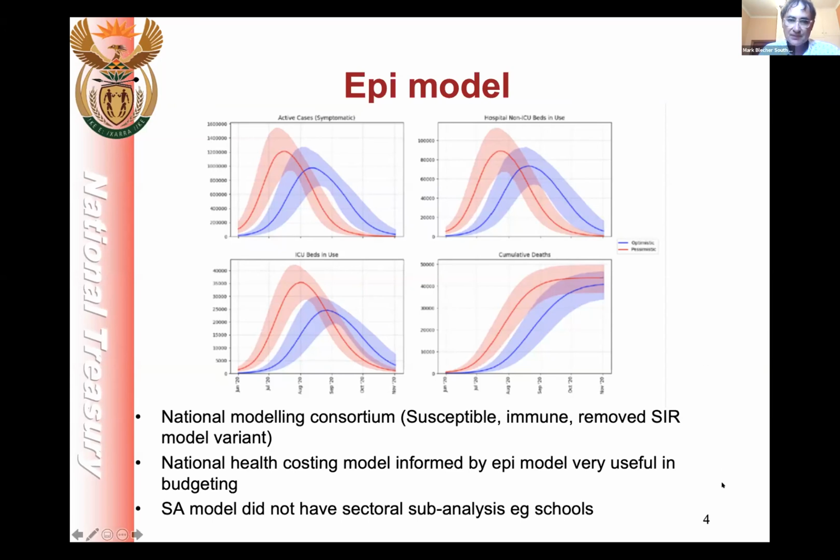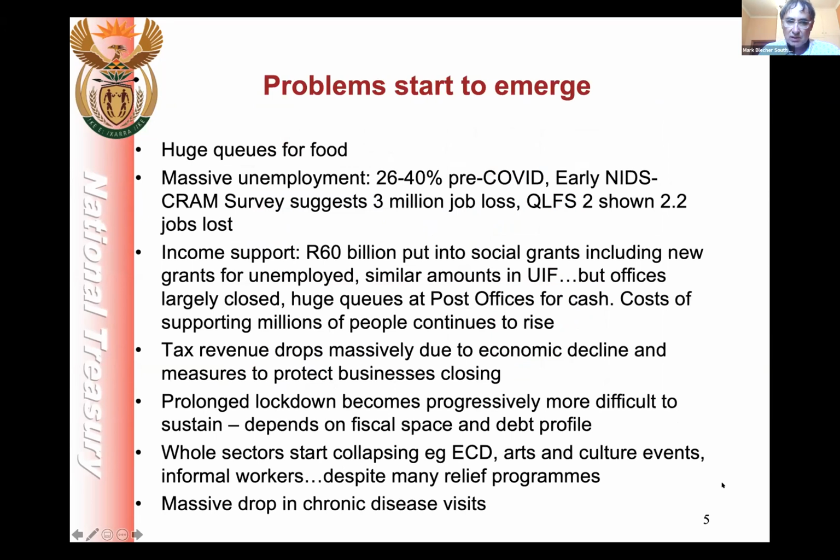Okay, the next slide. So then, this level 5 heavy lockdown was in place for a couple of months, and problems started to emerge. Huge queues for food, like 5-kilometer queues for food, massive unemployment, which started at between 26 and 40%, depending on whether it's the formal or wider definitions of employment.